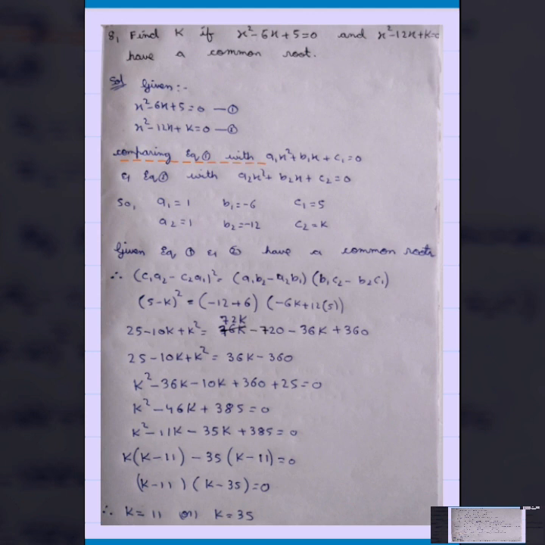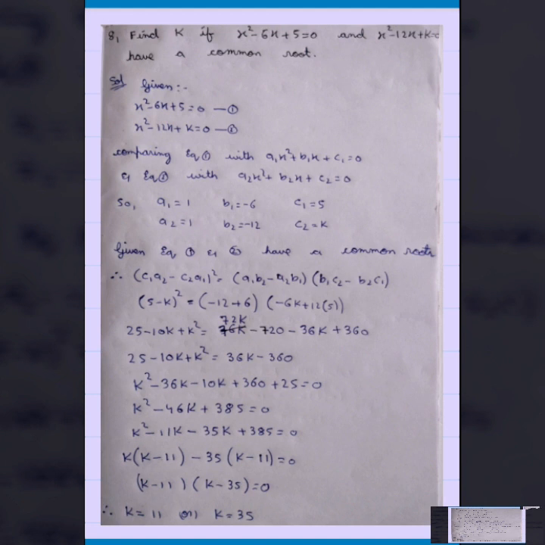Compare equation 1 with a1 x square plus b1 x plus c1 equal to 0 and equation 2 with a2 x square plus b2 x plus c2 equal to 0. So we got the values a1 equal to 1, b1 equal to minus 6, c1 equal to 5, and a2 equal to 1, b2 equal to minus 12, and c2 equal to k.